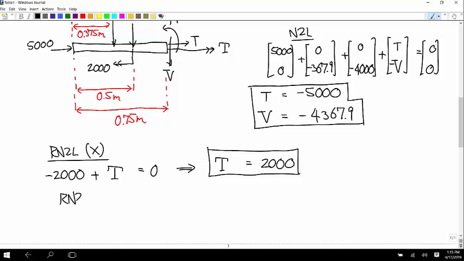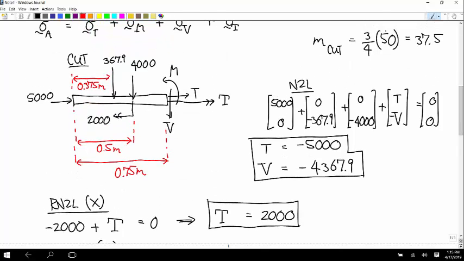And then the moment equation about the z-axis, about the point at the left. You could put it anywhere.